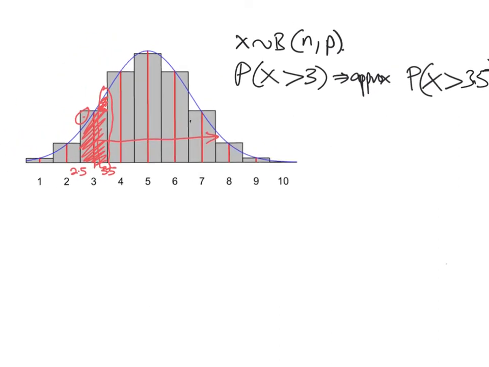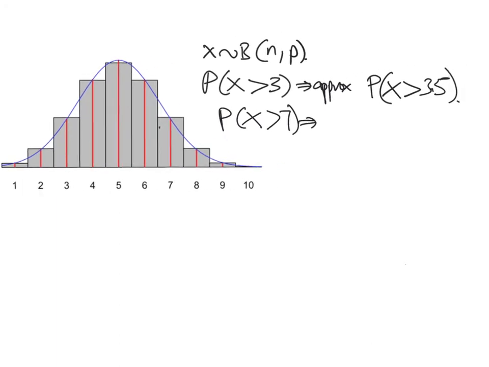Now let's look at the next value. I'll use a couple of examples just to make you understand this. Next, let's say the probability of finding X is greater than 7. Greater than 7 is over this side. I can approximate this by using normal distribution.